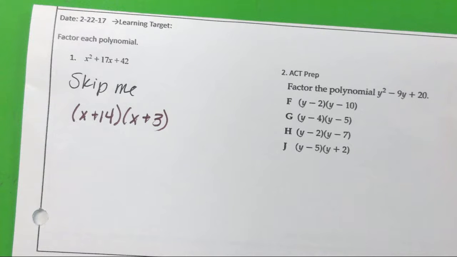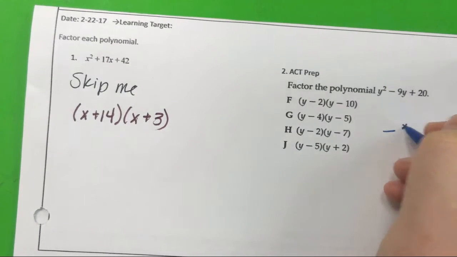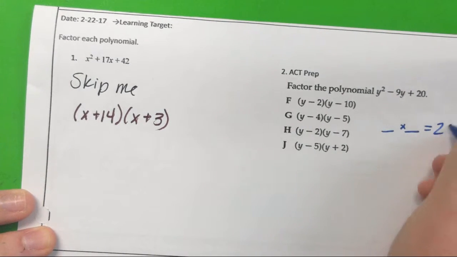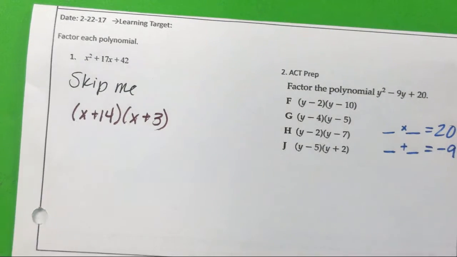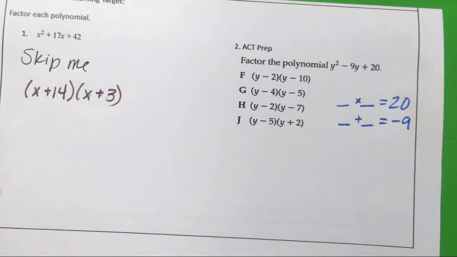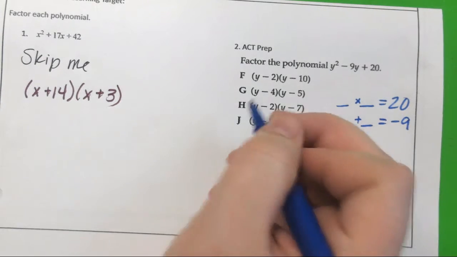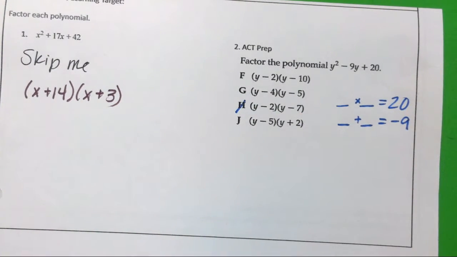The next one's the same way. So I need two numbers that multiply to give me 20 and add to give me a negative 9. But I knew you can handle number 2 because there are options. So for instance, I know it's not H because 7 times 2 is 14, not 20. What is the correct answer choice?